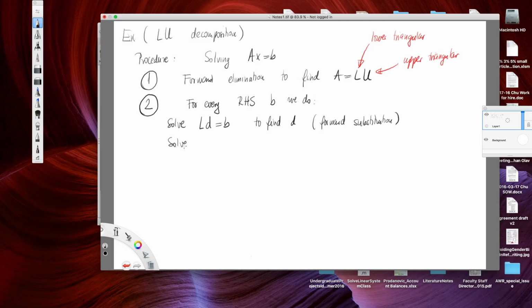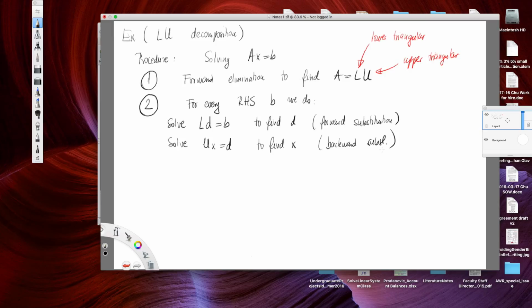And then we solve UX is equal to D. So once I have D, basically I plug it in and I find X. So to find X, that is backward substitution. And then I have X.